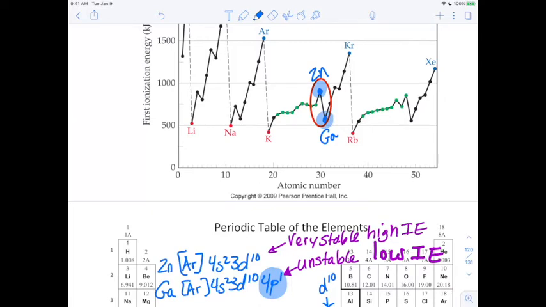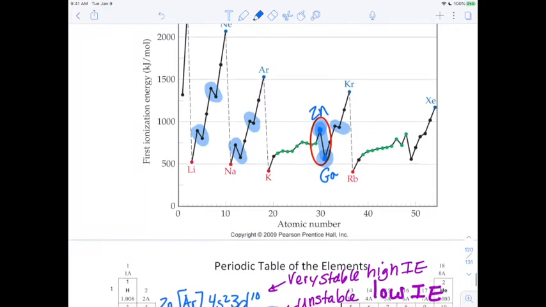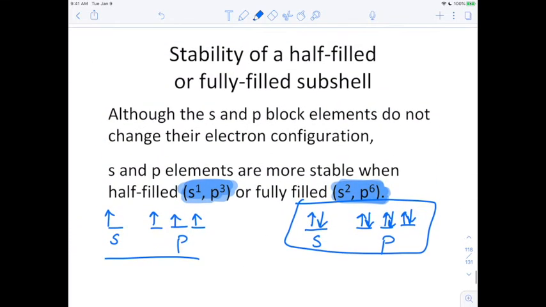That's why we see these little bobbles throughout the periodic table, like so. Okay, so any questions on these ideas about the half-filled and the fully filled shells being more stable?